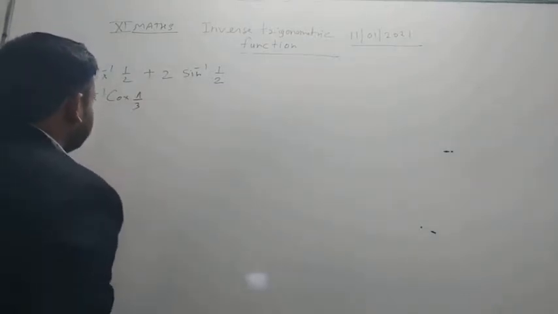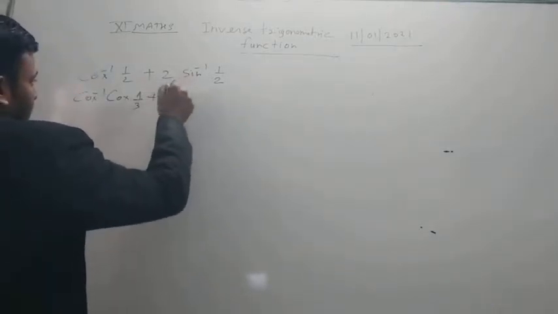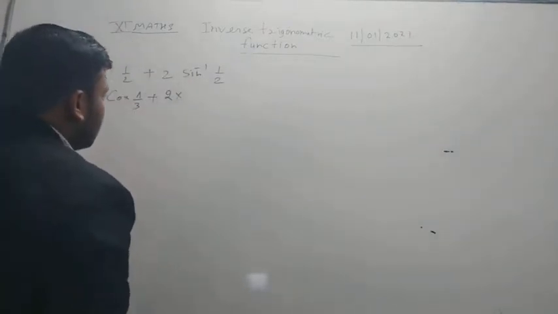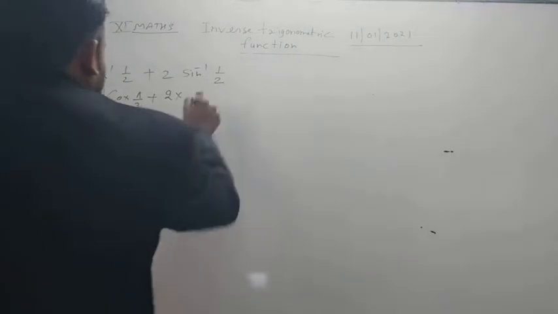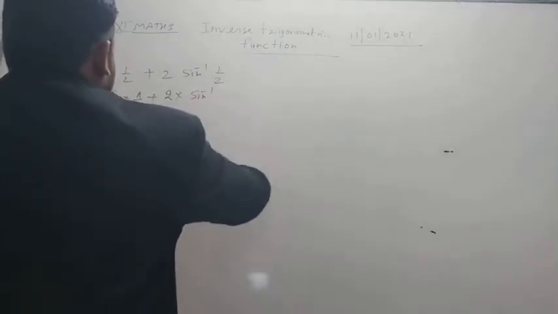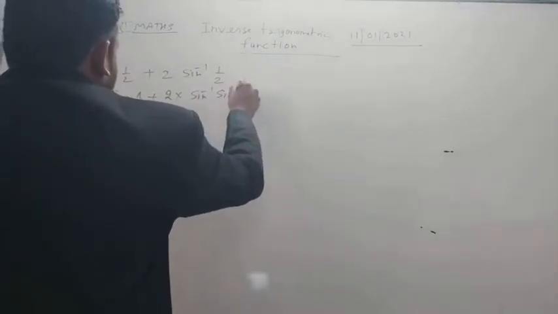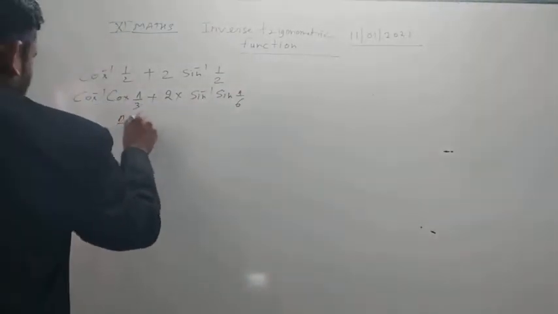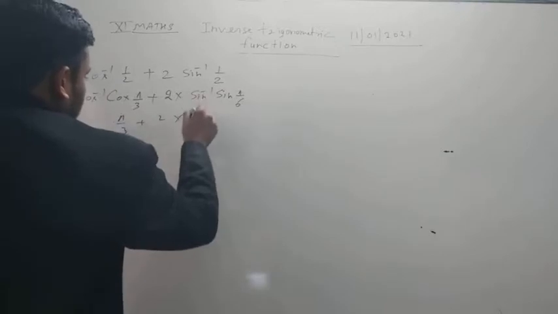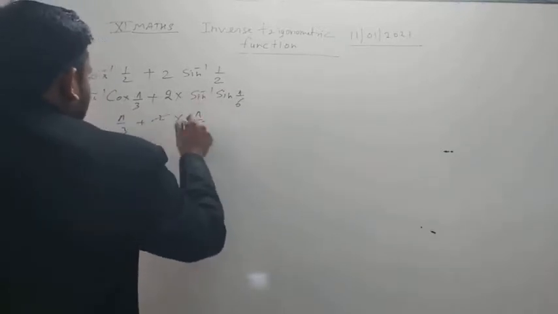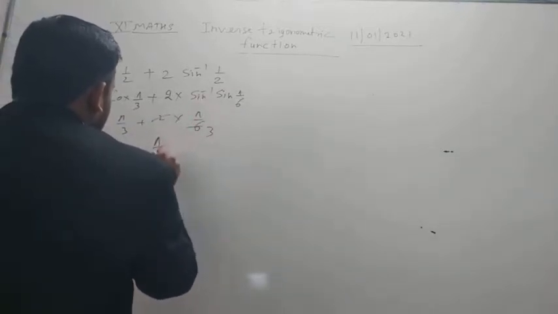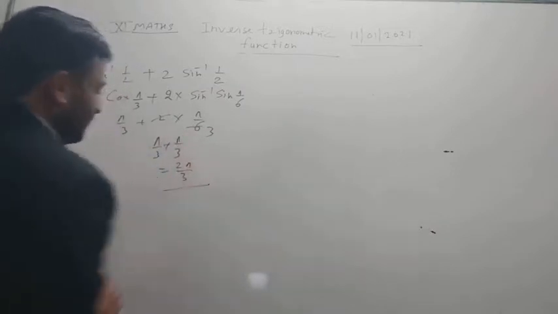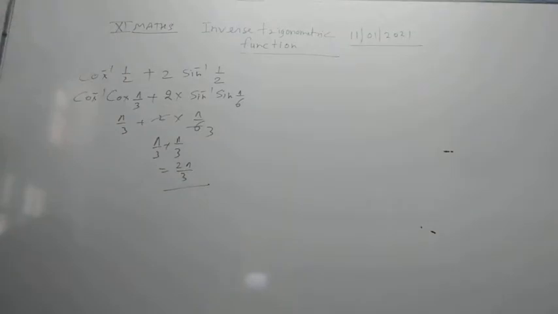Okay, student. And this is 2 into sin inverse 1 by 2, student. So we write sin inverse sin 30, so pi by 6. So student, this is pi by 3 and 2 into pi by 6. So this is pi by 3 plus pi by 3, 2 pi by 3. Okay, student.